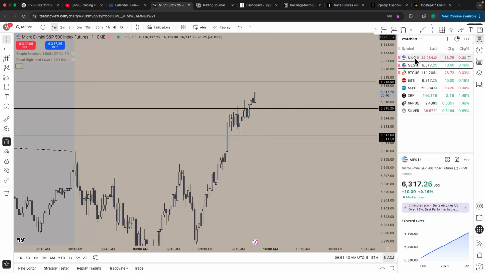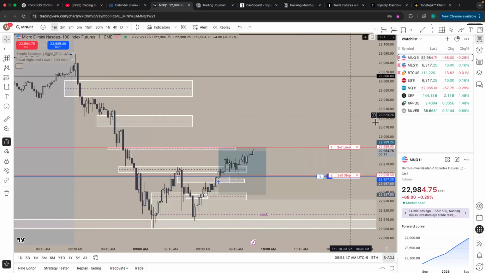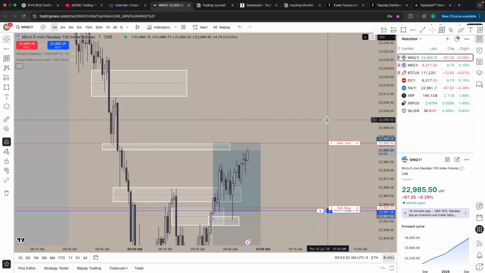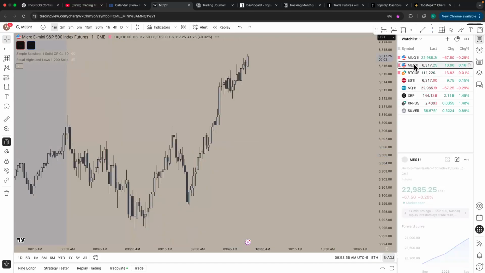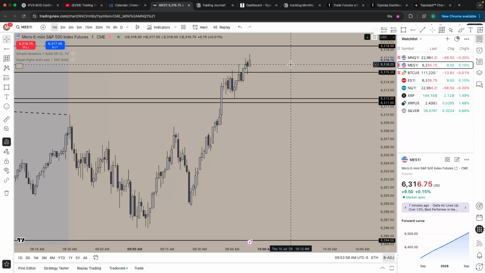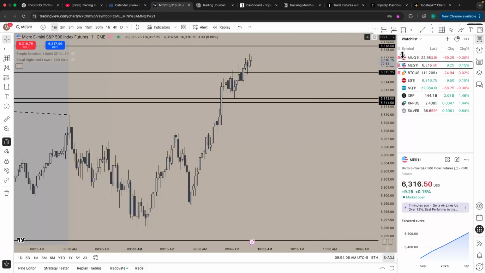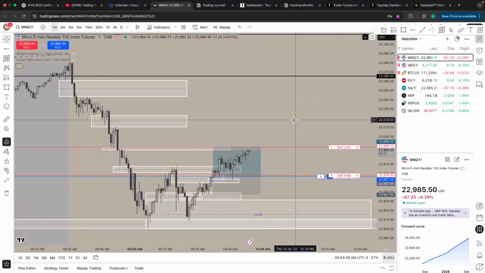ES takes that out. We're about to hit TP. 110 ticks, 150. What would it be? 120 ticks. Take profit. Nothing crazy. Damn, I max at 15%.